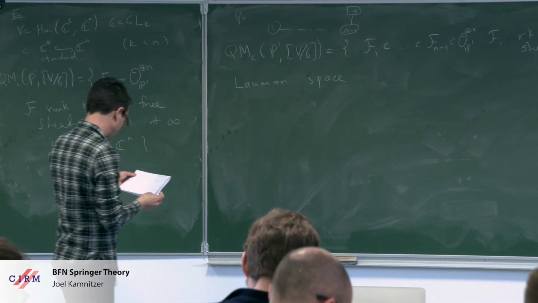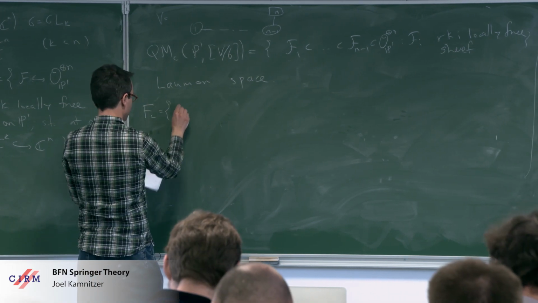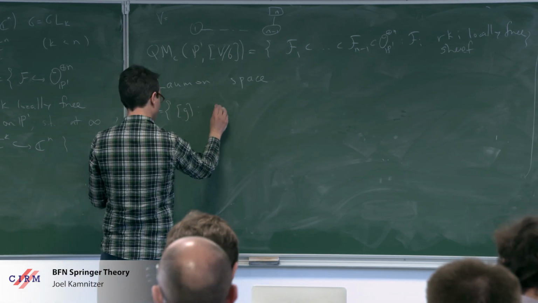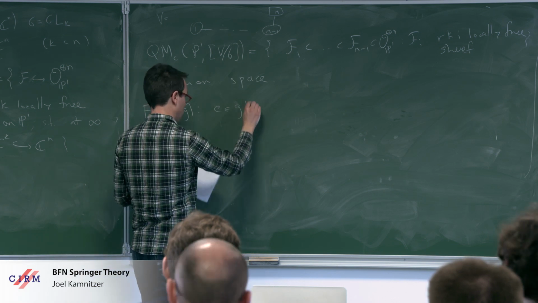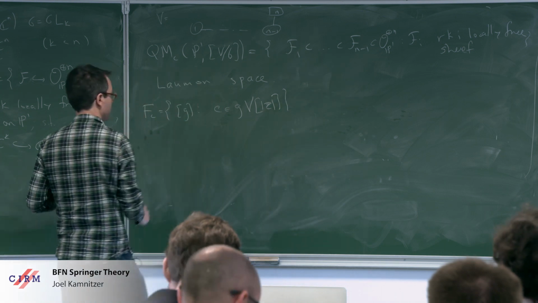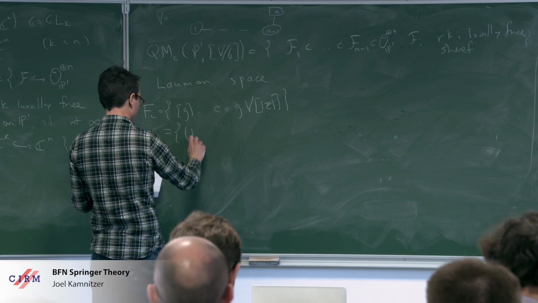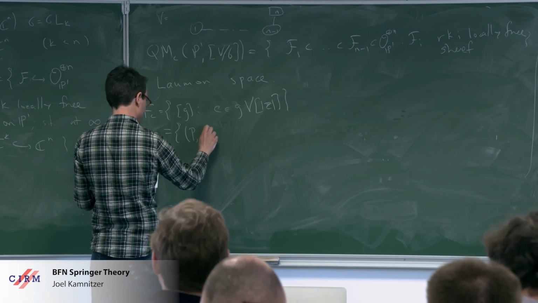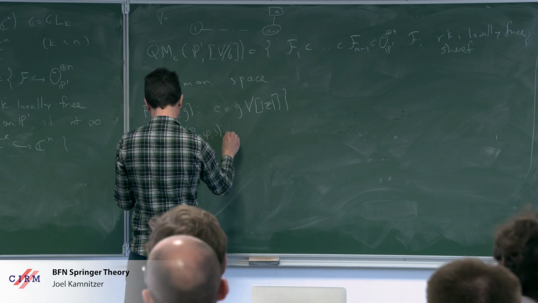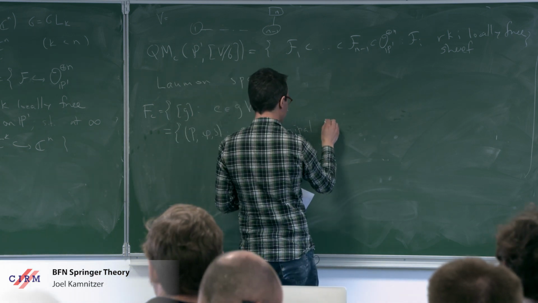Good. Now, recall F_C was elements in the affine Grassmannian, where C is in G of the V over power series, and we can write that as a triple P, phi, s, where P is the principal G bundle on the disk.